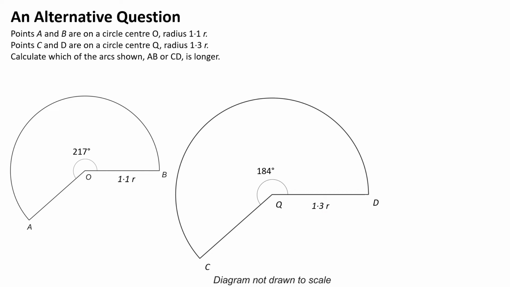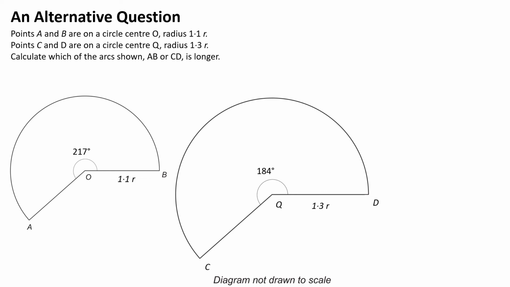Our thinking, the basis for our calculation, is very similar to the original question. On the left hand side, the circumference of the entire circle is 2 times pi times the radius, where the radius is 1.1r, and then we scale that, taking 217 over 360 of it. Similarly on the right hand side, 1.3r is the radius, times 2 pi would be the entire circumference, and we scale that by 184 over 360.